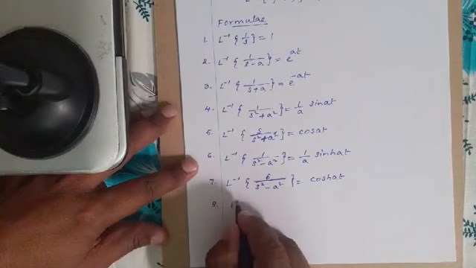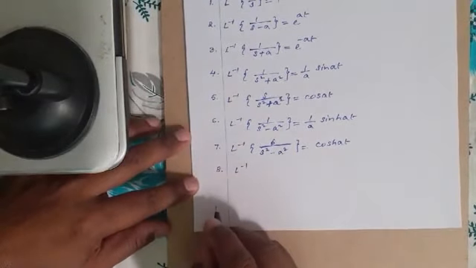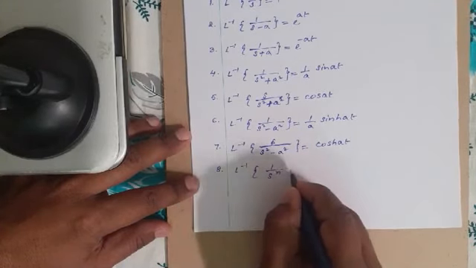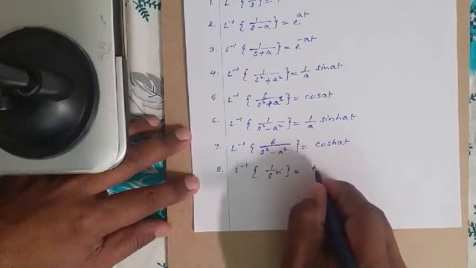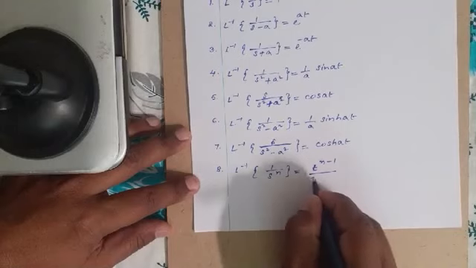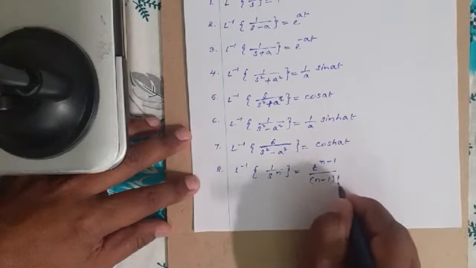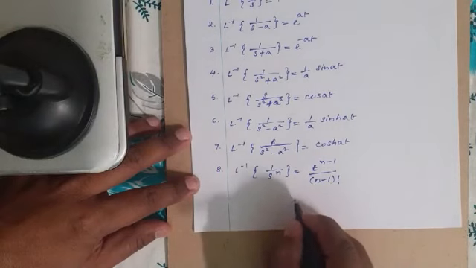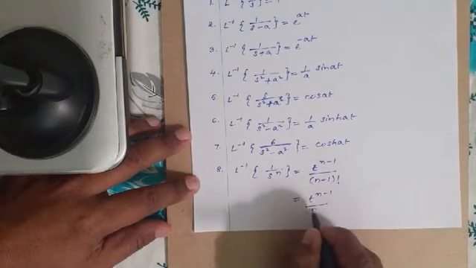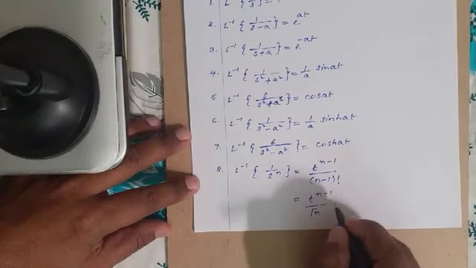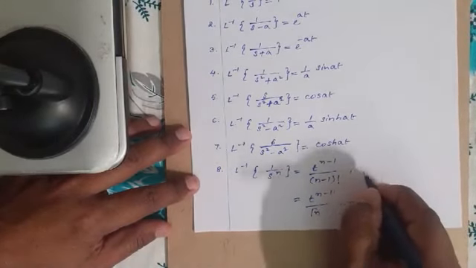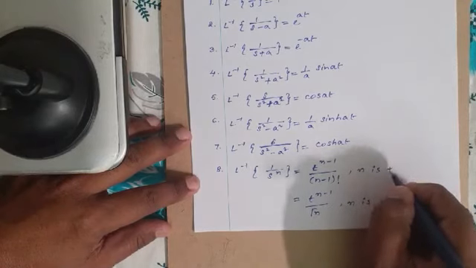Eighth one, L inverse of 1 upon s power n is equal to t power n minus 1 upon n minus 1 factorial, that is also equal to t power n minus 1 upon gamma n. Here n is real, and here n is a positive integer.